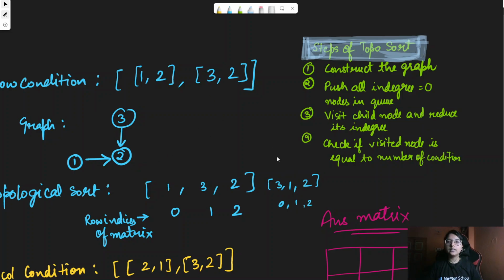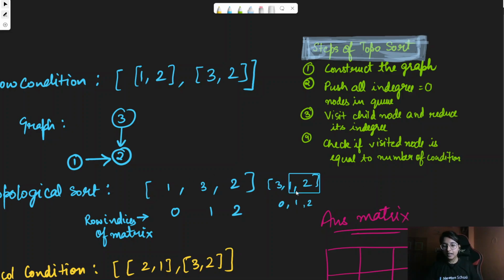So after pushing the in degrees, we get this, and at the end we will be checking whether the listed node count is equal to the number of conditions or not. If it is equal to the number of conditions, then we will directly return whatever vector we have formed, either this vector or this vector.